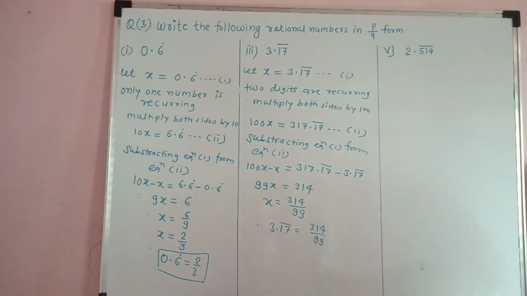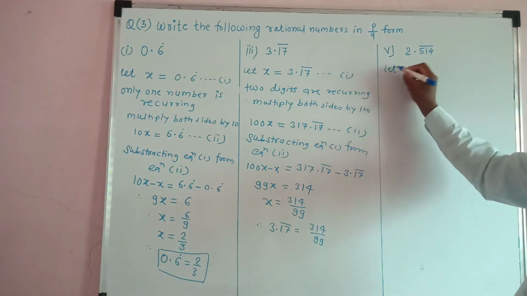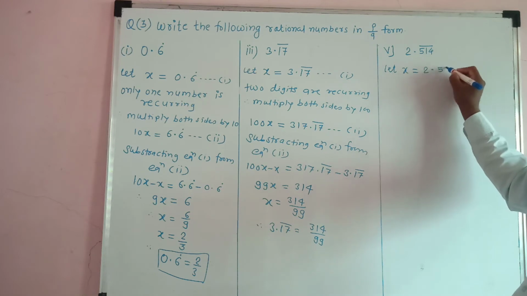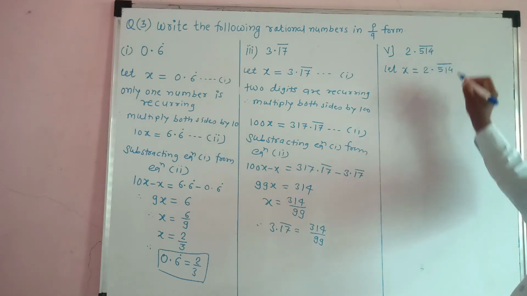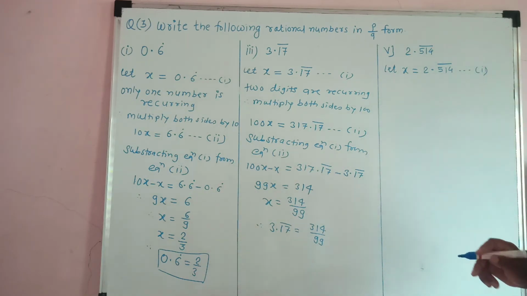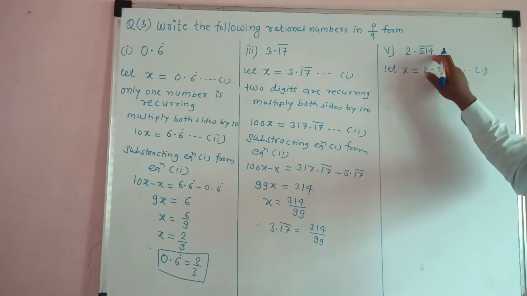Now example number 5. Let x is equal to 2.514 bar. This is equation number 1. Now here 3 digits are recurring.